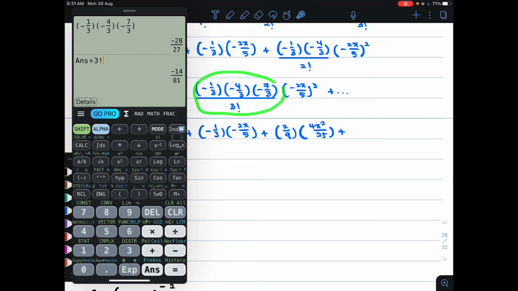And this one will give us negative 14 over 81. And be careful when you expand (negative 2x over 5) to the power of 3. Negative, when it is cubed, will still give you negative. So you'll get negative 8x cubed over 125.